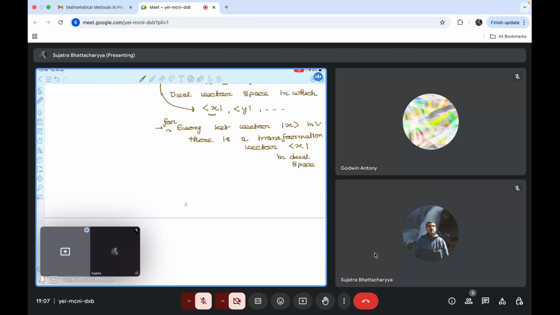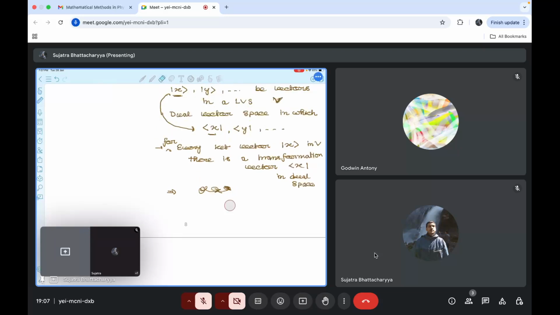The basic difference between this ket and bra notation is in scalar multiplication. Say alpha times x is a vector, alpha is a scalar. This is the ket notation, this is the original vector. Oh, sorry, I'm writing it wrongly. Wait.